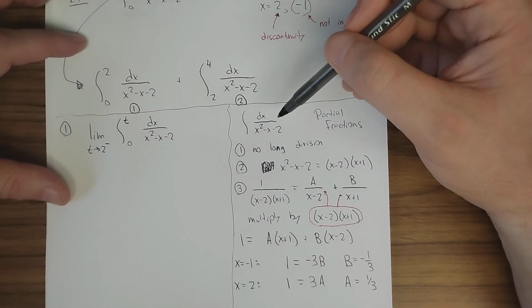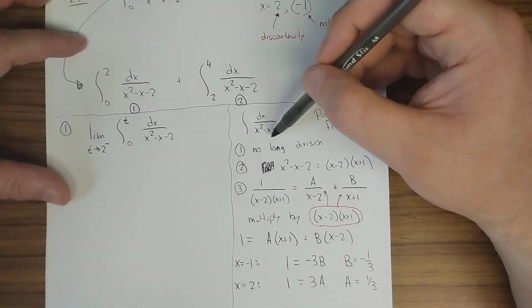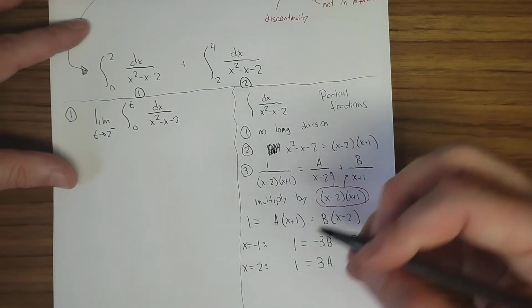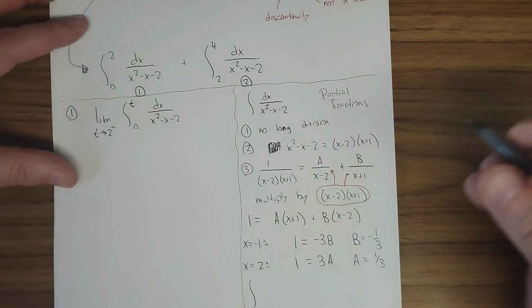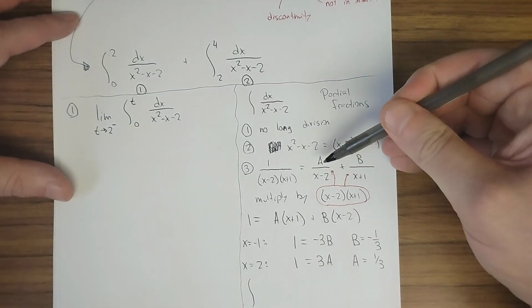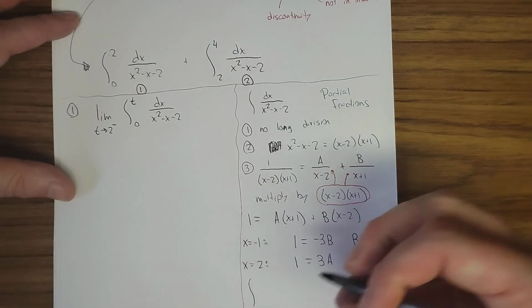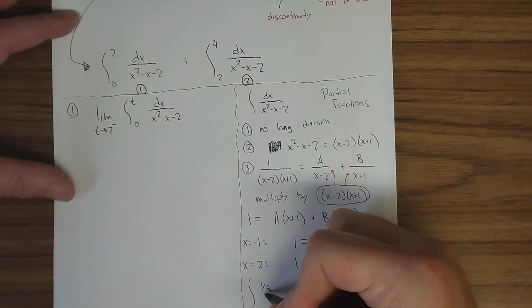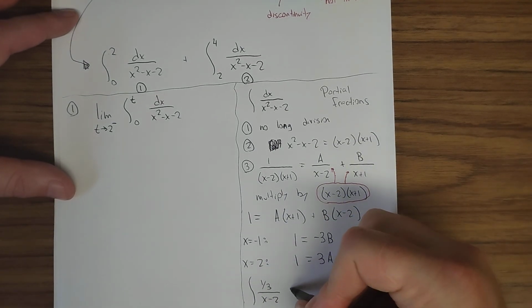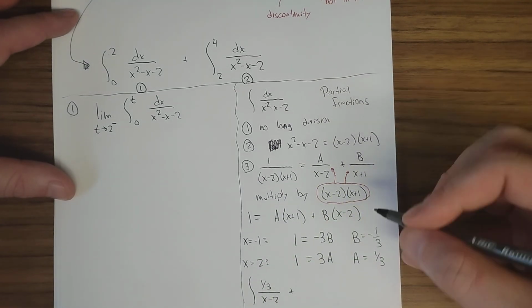So going back to what we were doing, we were trying to integrate this. We can now rewrite this because we said that it's A over x minus 2. So that's 1/3 over x minus 2, plus B over x plus 1.